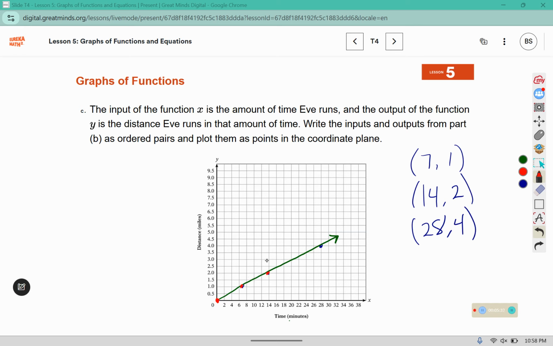So we're going up 1 and over 7, up 1 and over 7. Remember, it's not just up 1 over 7 boxes, it's up 1 over 7. But it makes the same line.